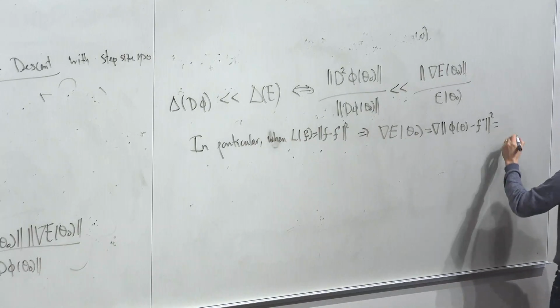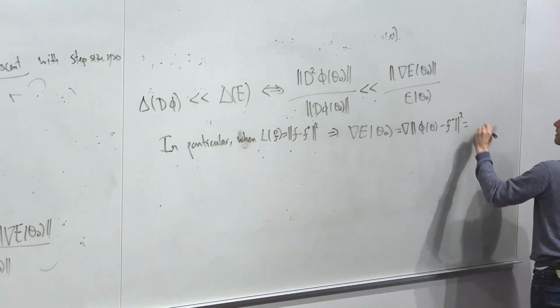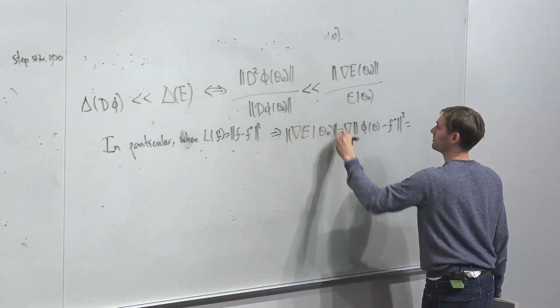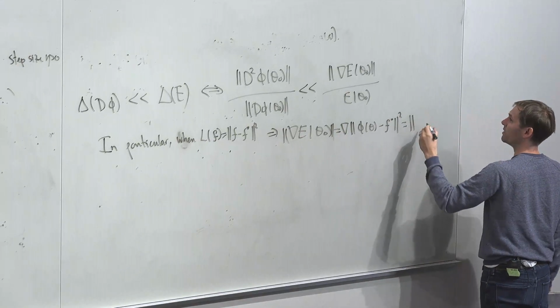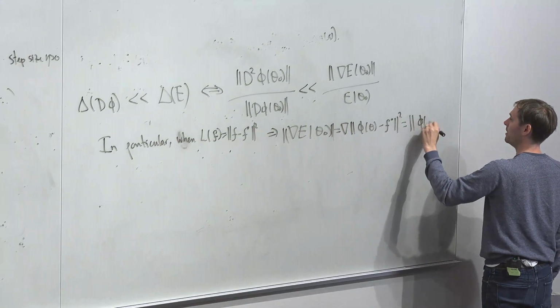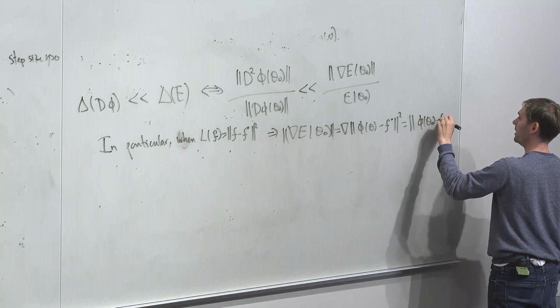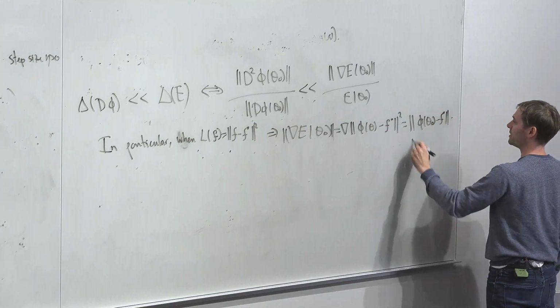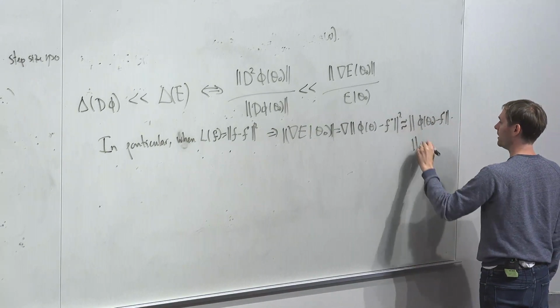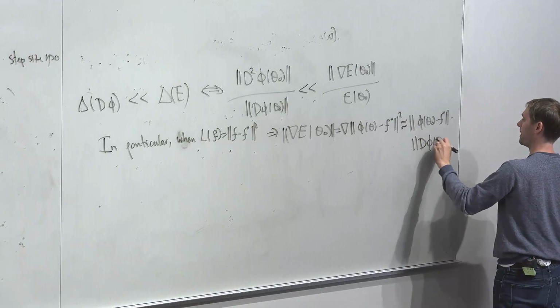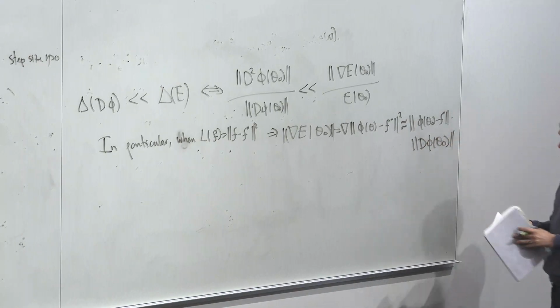This becomes the difference between phi of theta 0 minus f star, times the Jacobian of phi at theta 0.